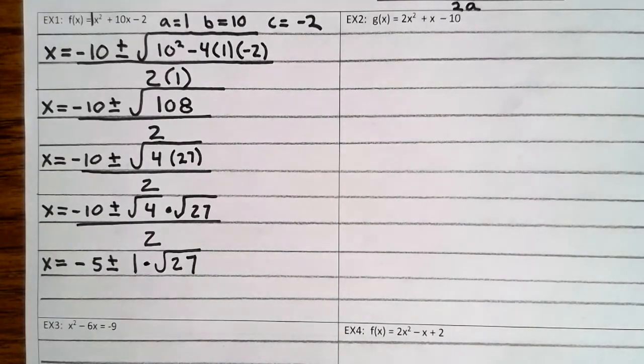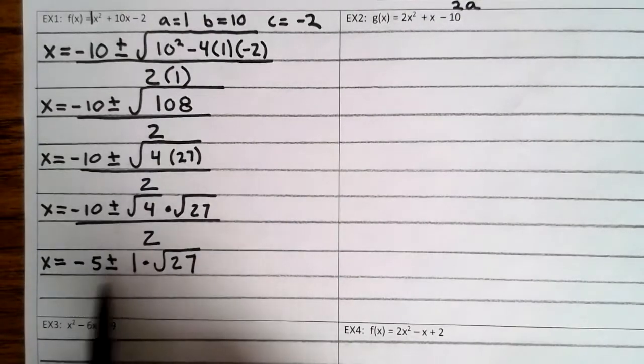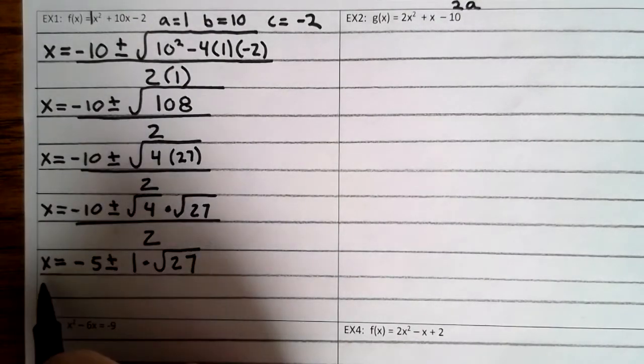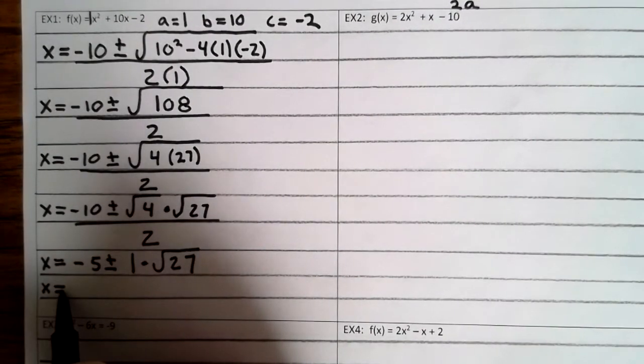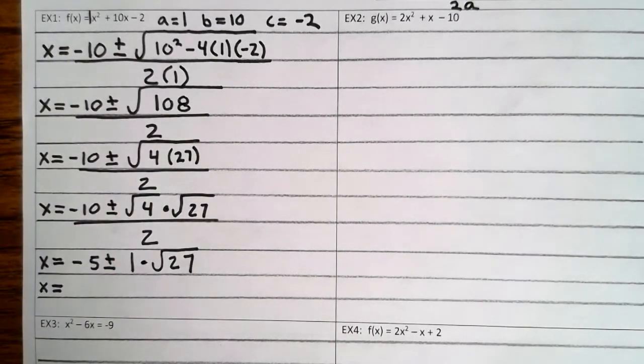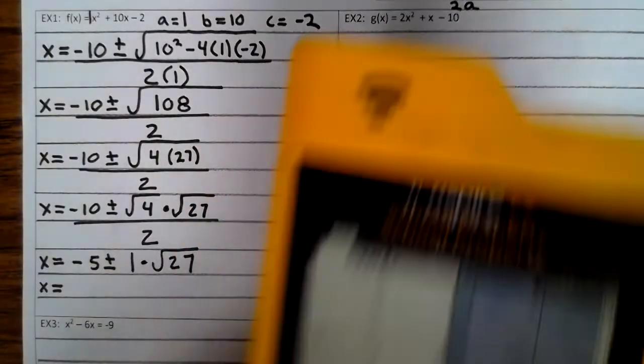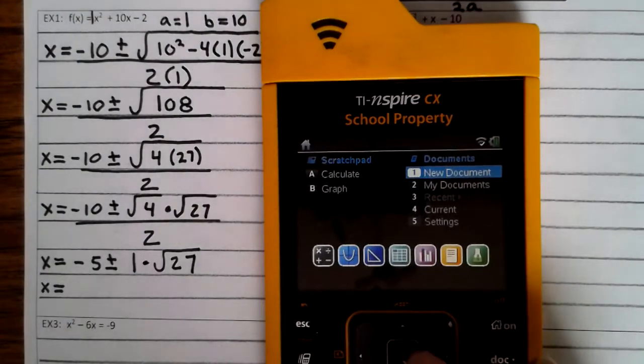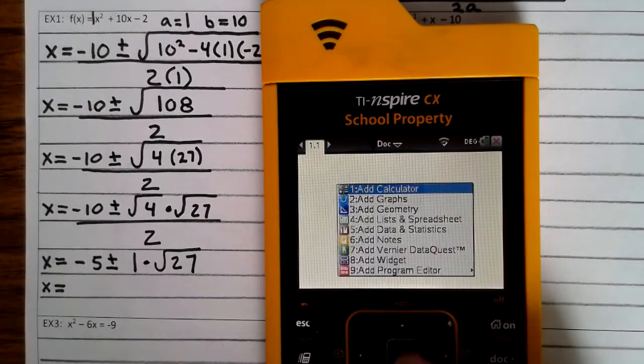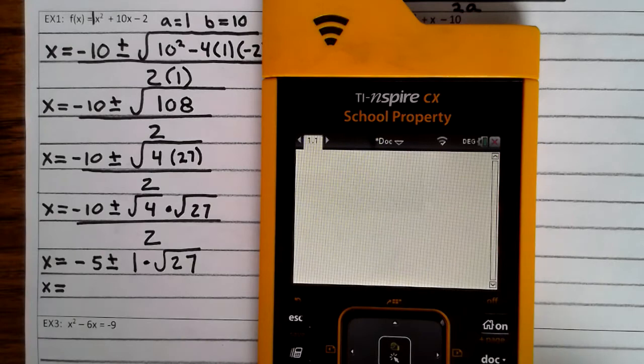So now we can put that in the calculator and get the decimal. So x equals, on New Document, Add Calculator. So negative 5 plus the square root of 27. And let's just go to 2 decimal places.